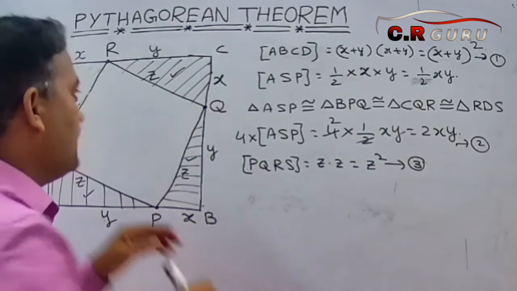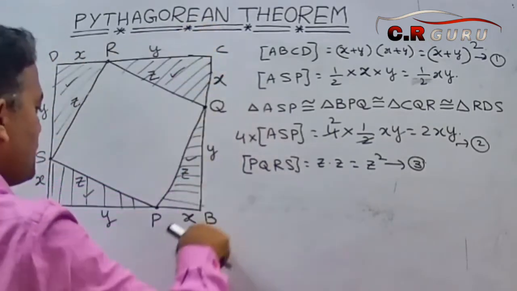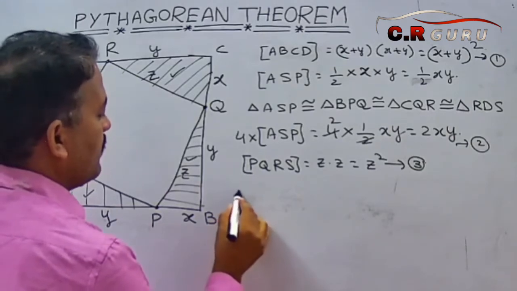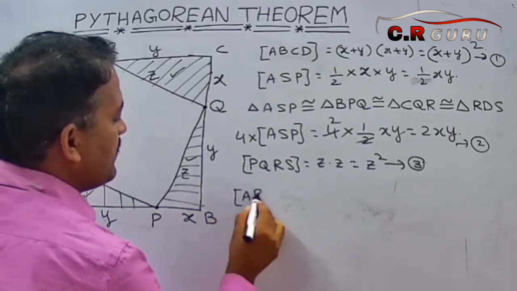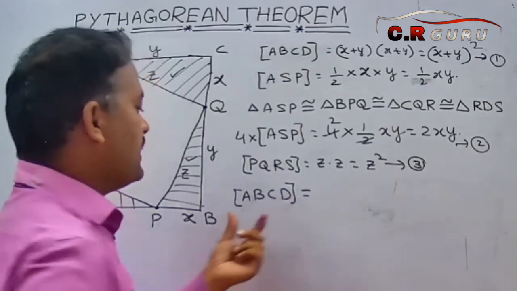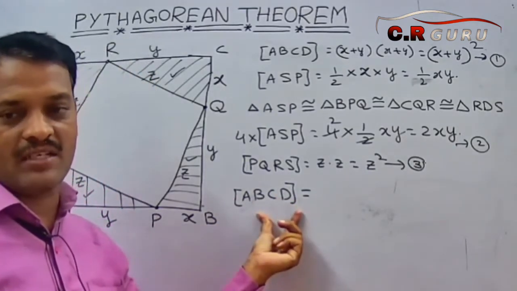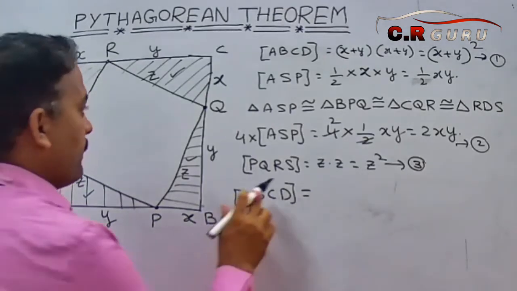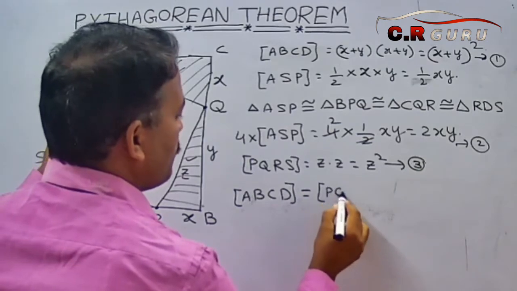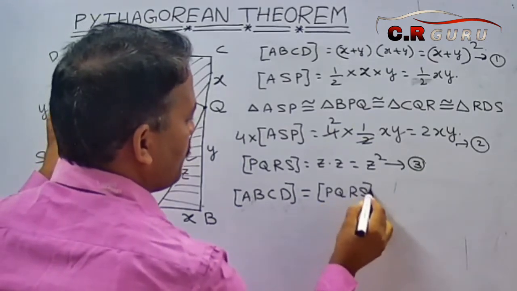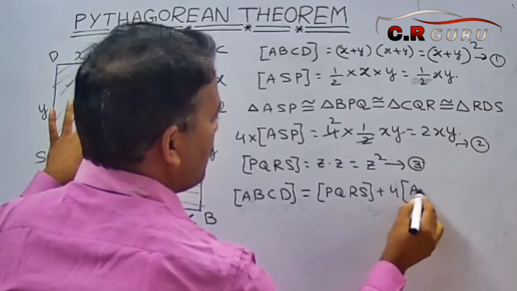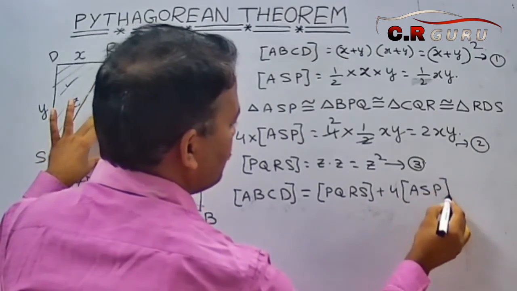Now, the area of the outside square ABCD is equal to the area of square PQRS plus 4 into the area of triangle ASP only, no?